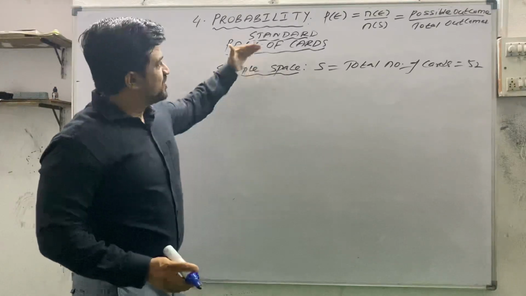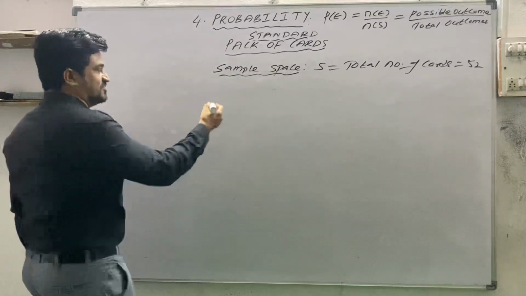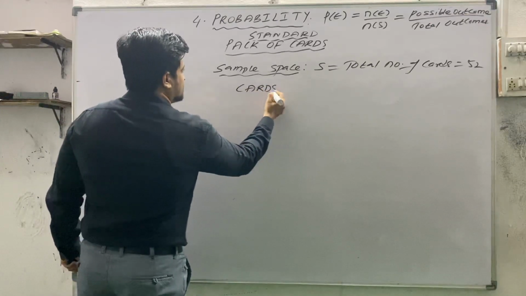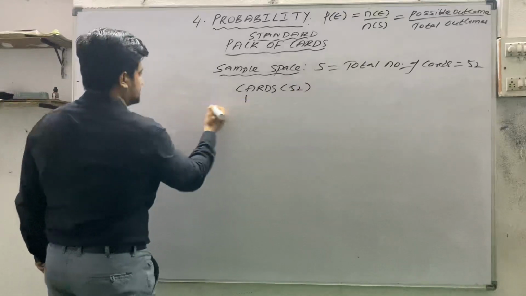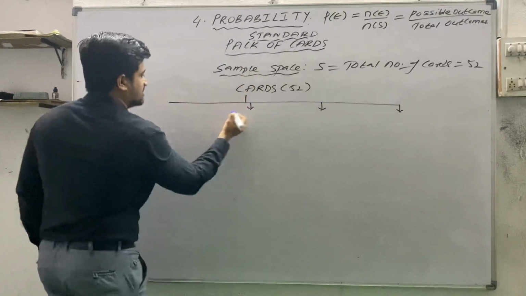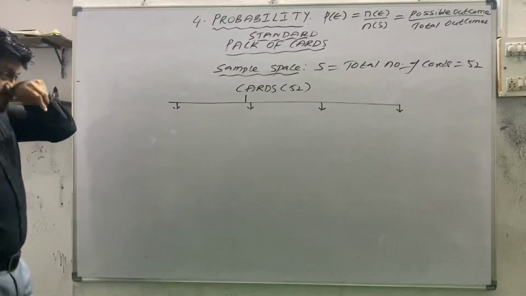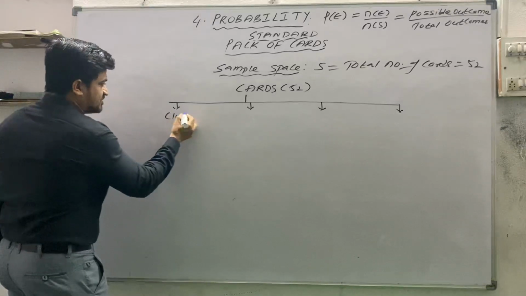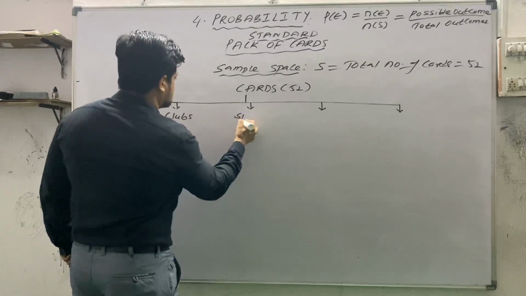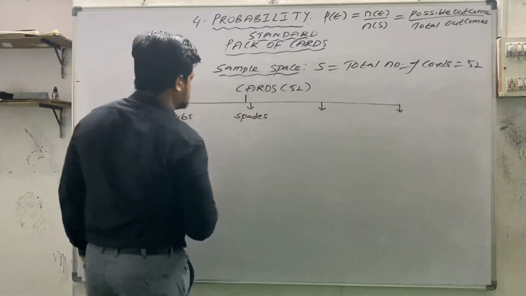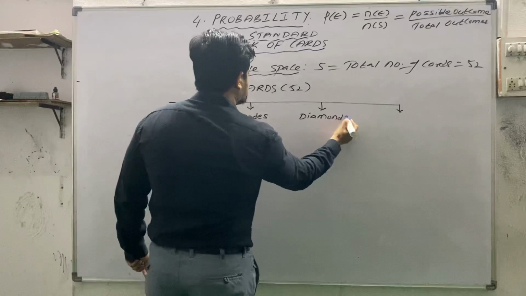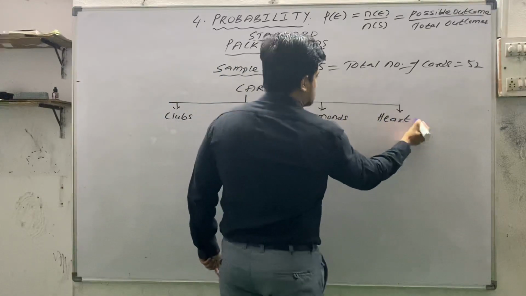Now, what is the sample space of cards? What are the cards we have? Total cards 52. These are the 4 different types of cards we have: clubs, spades, diamonds, hearts.